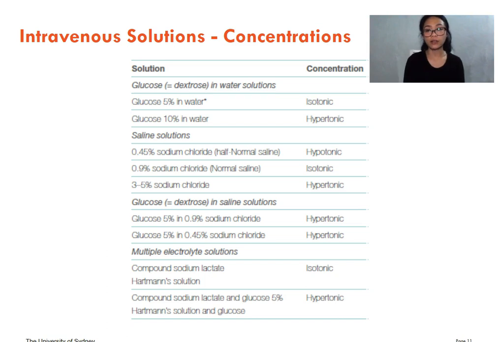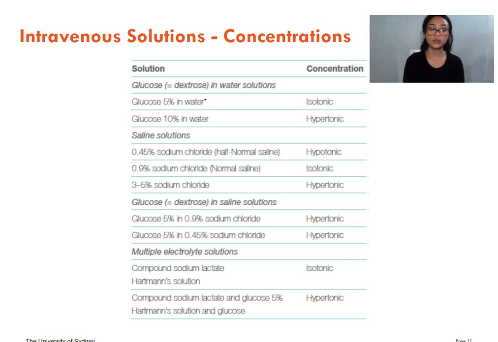Hypotonic solutions have an osmolality less than body fluids, and hypertonic solutions have an effective osmolality greater than body fluids. So in general, isotonic fluids are used most commonly for extracellular volume replacement, such as the fluid replacement that's required after prolonged vomiting, for example.